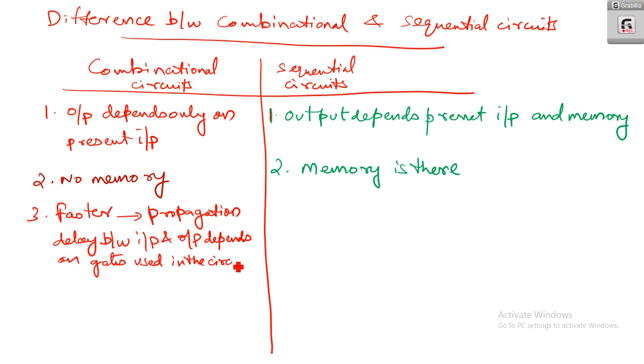Because a combinational circuit is basically a combination of gates. And what is the propagation delay? Propagation delay means the time required for the output to appear when an input is given. That is known as propagation delay.